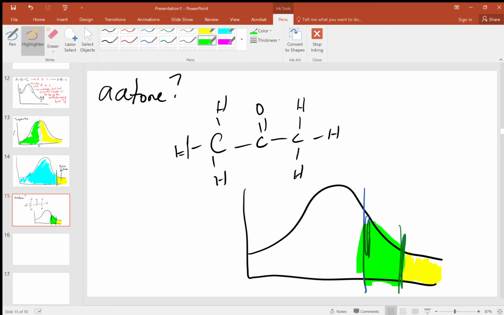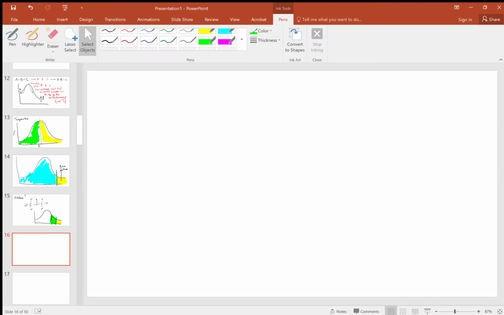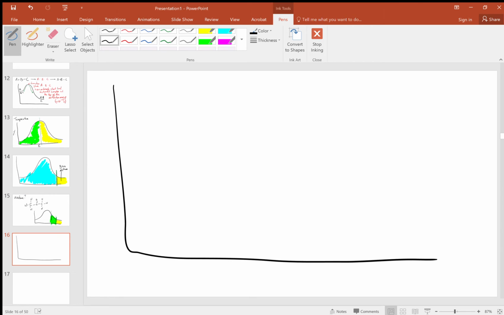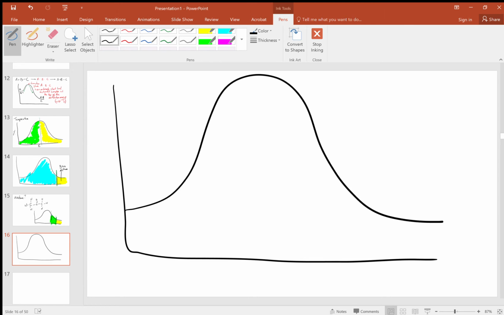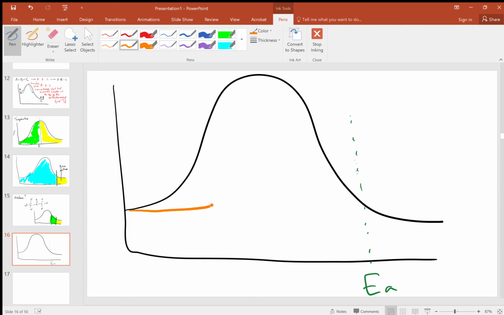All right, well, what does that have to do with the rates of reaction? So here's our graph again. And let's say this energy right here is our activation energy. Well, if we raise the temperature, now maybe our graph looks like this.